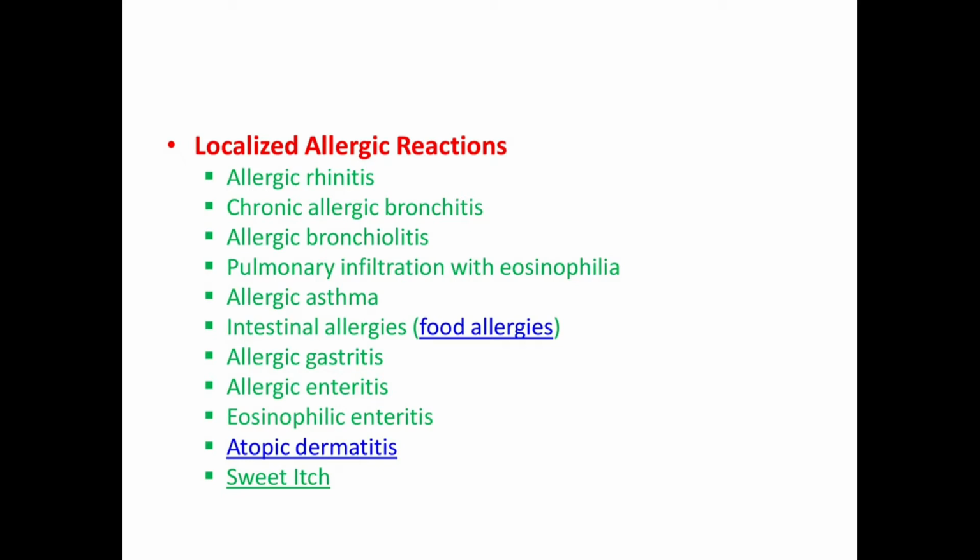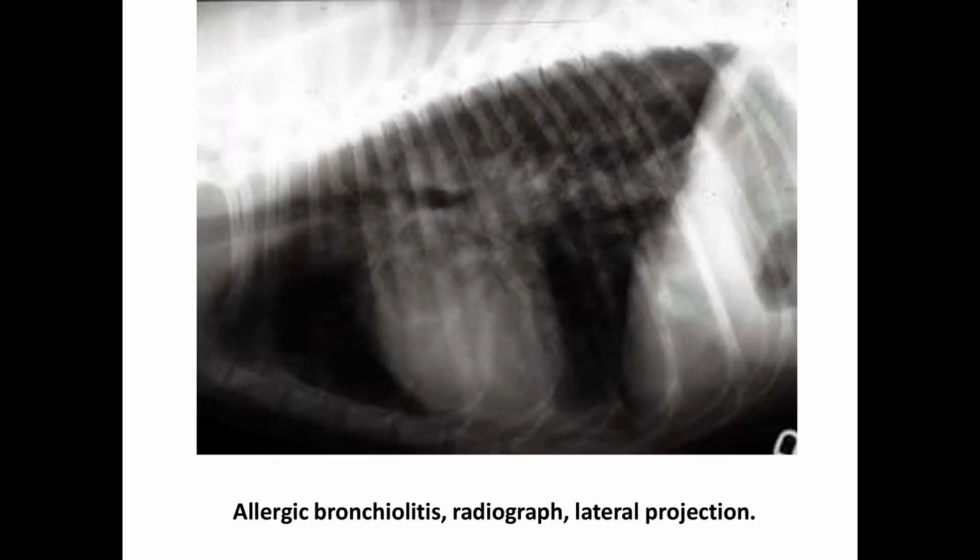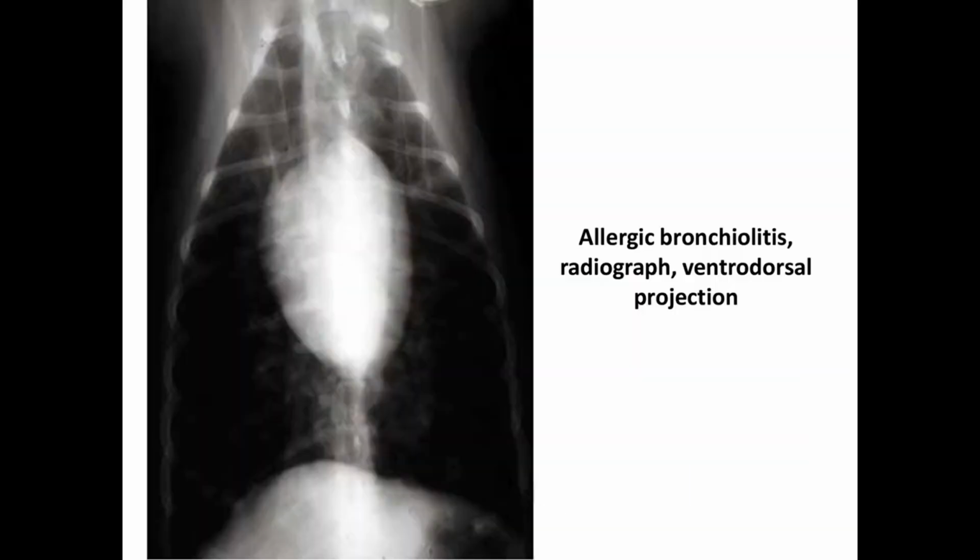We already told that allergic bronchiolitis comes under type 1 hypersensitivity reaction. So this is a localized type 1 hypersensitivity reaction. This is an X-ray picture in a lateral projection showing allergic bronchiolitis. Also there is a ventrodorsal projection of an allergic bronchiolitis X-ray image here.